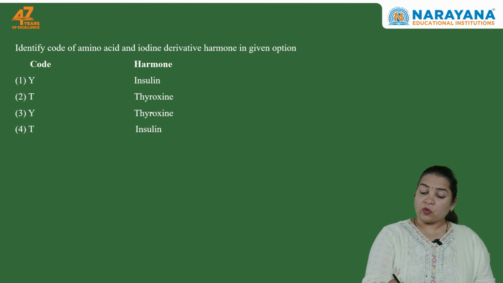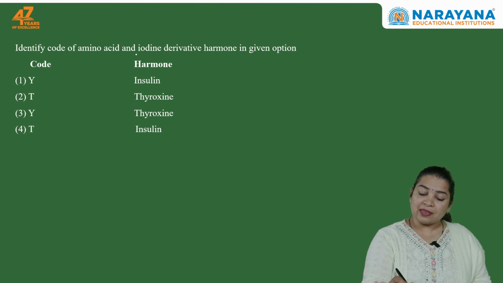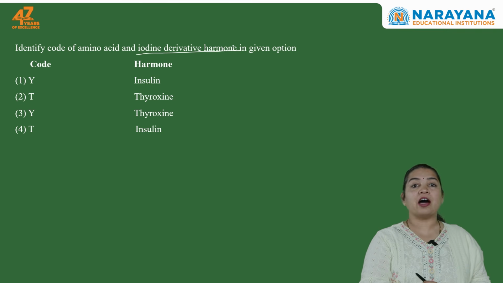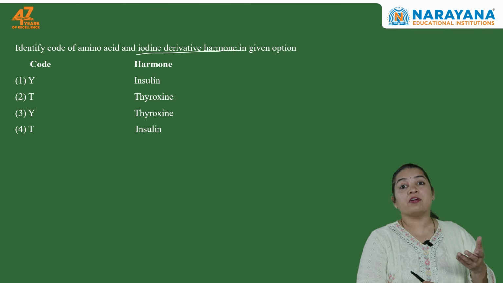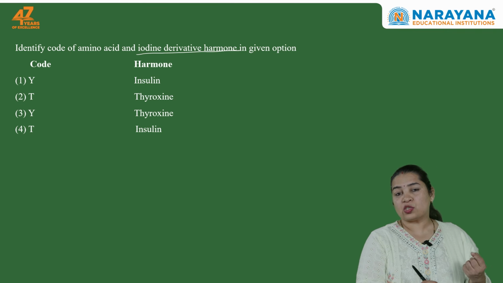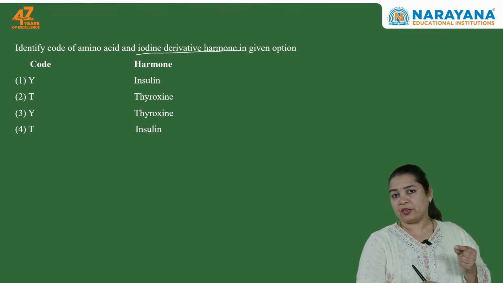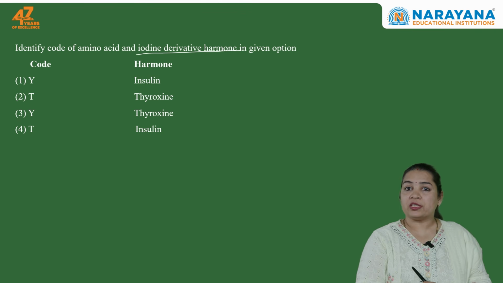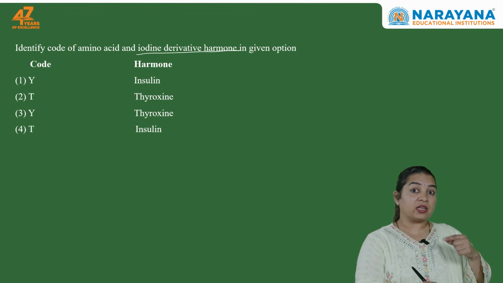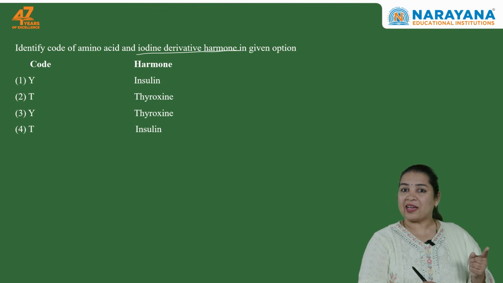So, if you go by this line, iodine derivative hormone. You must have heard in various salt advertisements on television that add iodine, otherwise people may suffer from goiter, right? Goiter, the thyroid, is formed by the hormone thyroxine.